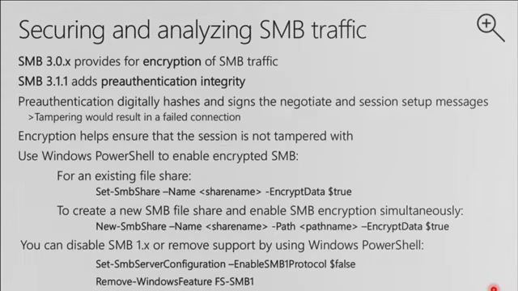SMB traffic. So SMB 3.1.1, we had previously 3.0, which provided encryption for SMB traffic. Now we have 3.1.1 adding pre-authentication integrity. We're typically handling all configuration of SMB using Windows PowerShell.